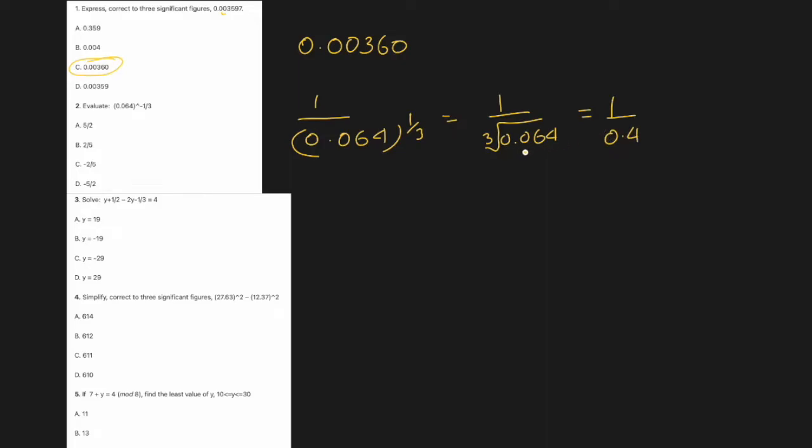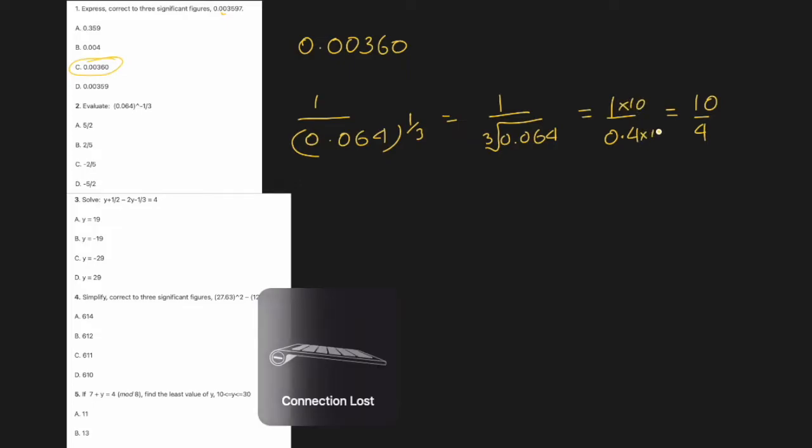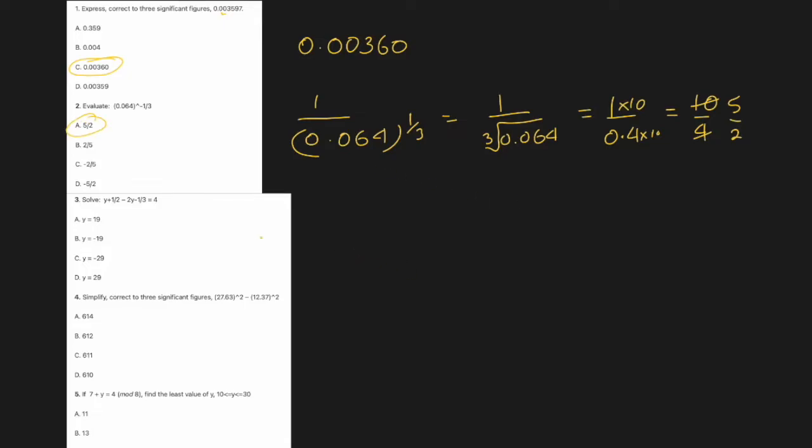Cube root of 0.064 is 0.4, and that's why it becomes 10 over 4, because there is one decimal here. I multiply by 10 to get rid of this decimal. If I simplify this, we get 5 over 2. So A.